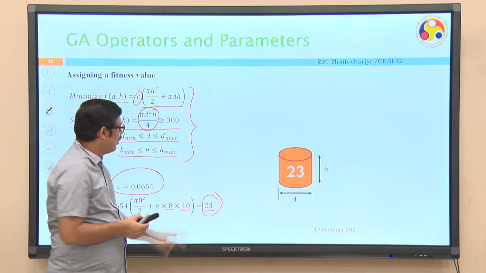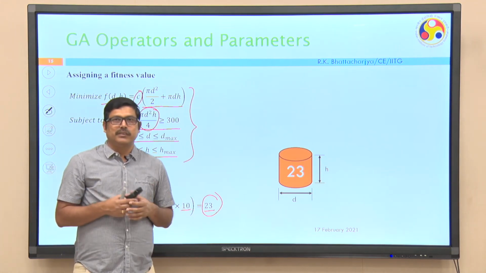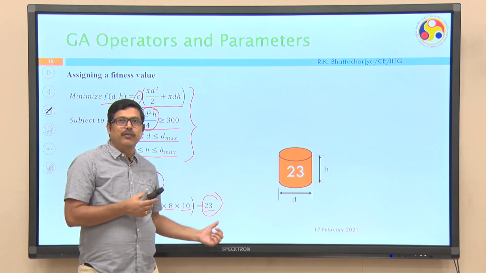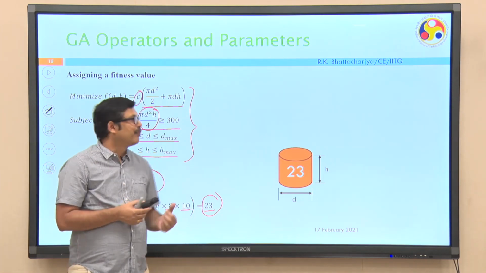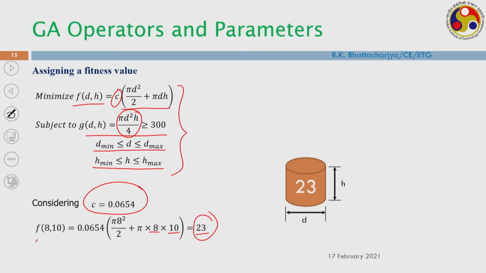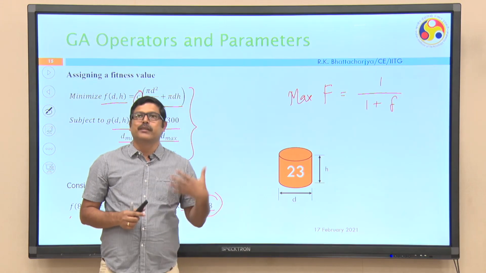Now, the concept is that if this value is lesser, the solution is better. But if you have any difficulties in that concept, I can also convert to capital F, and in that case I can maximize this. So, capital F I can write as 1 by 1 plus small f. Okay. So, I can do that. In that case, if capital F is more, that means the solution is better.